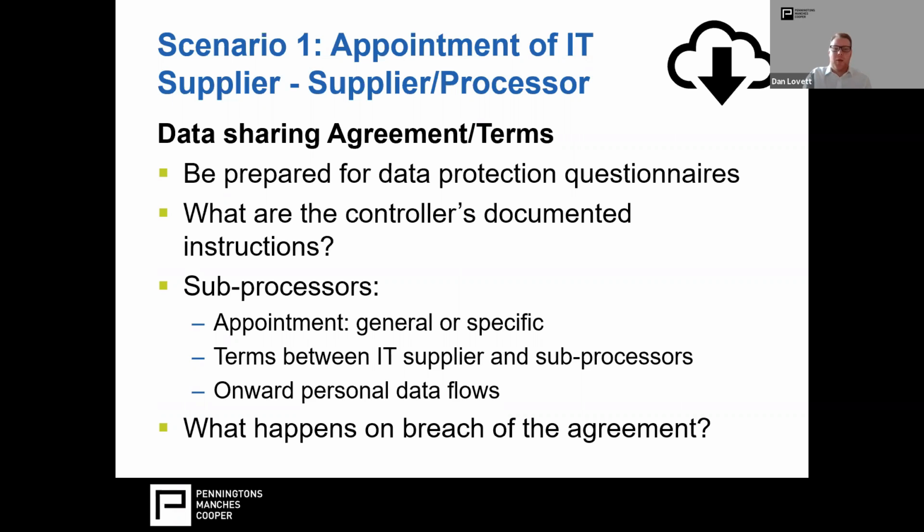For example, we may be a small IT supplier and our customer has a lot of negotiating power and wants very burdensome data protection terms, but our existing IT sub-processors, our supply network, might be very large IT suppliers with standard terms, and we, as the kind of piggy in the middle, can't really negotiate those terms.